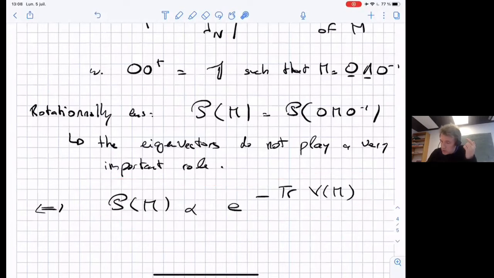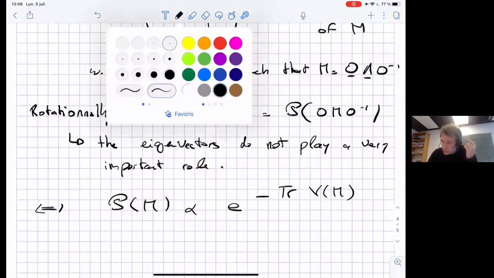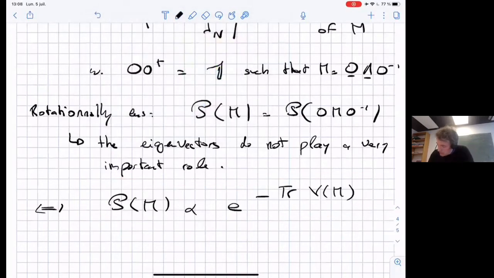Here V of M is some function that you can choose a priori as you wish, and it will depend on the model that you have to look at. Now, a natural question is whether these two ensembles are completely disjoint, or is there some intersection? And if it exists, what is the intersection?